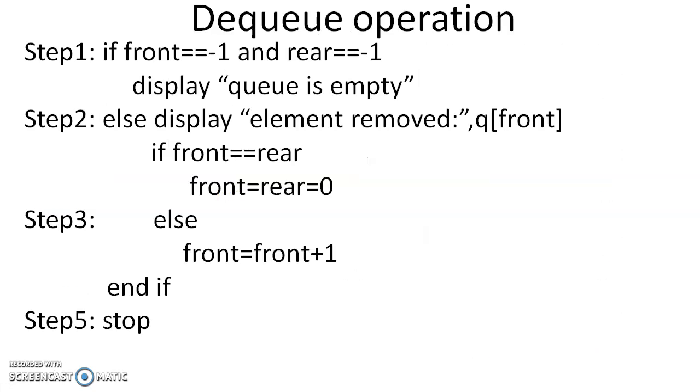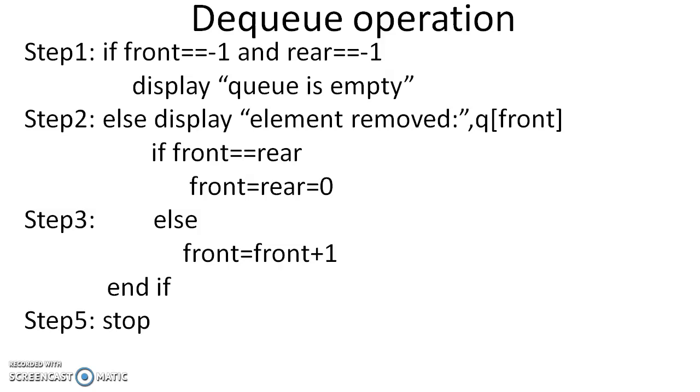So if you see the conditions that we have, once again here also we have three conditions. When the queue is empty, you can't remove anything. Suppose you are going to take a ticket in a queue, if no one is there, to whom will they give it? Queue is empty. Or suppose only one person is there in the queue. He is the first person and he is the last person.